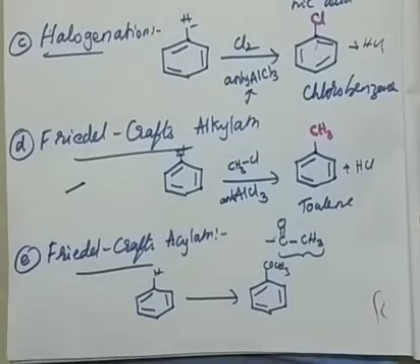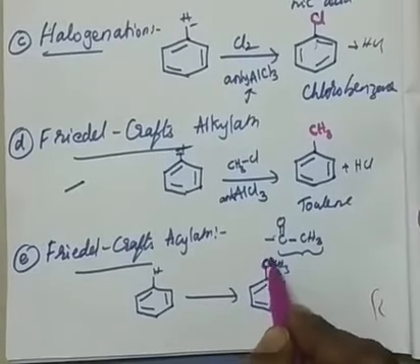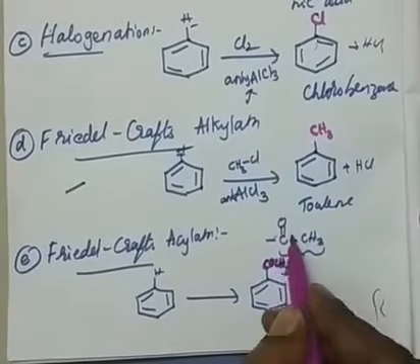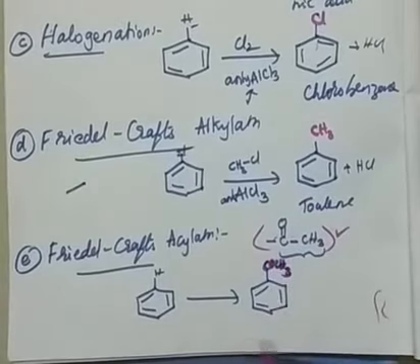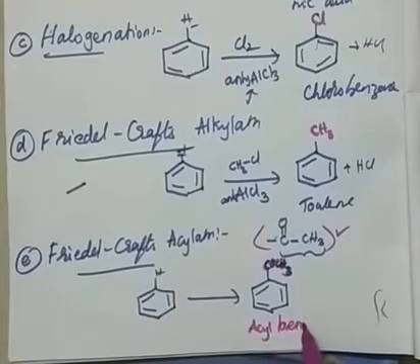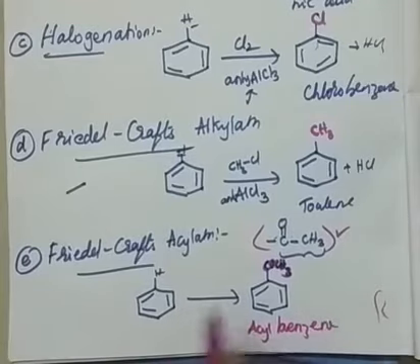If I write COCH3 like this, or with a double-bonded O like this, it is one and the same, right? This is called acyl benzene, right? And this happens again in two conditions.